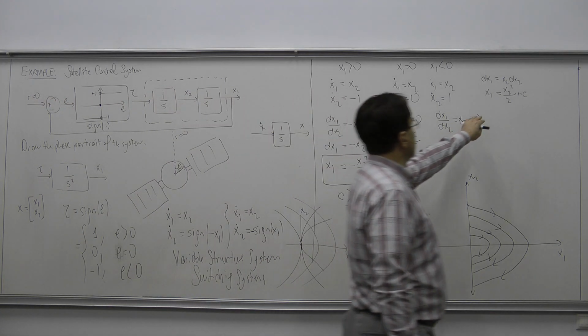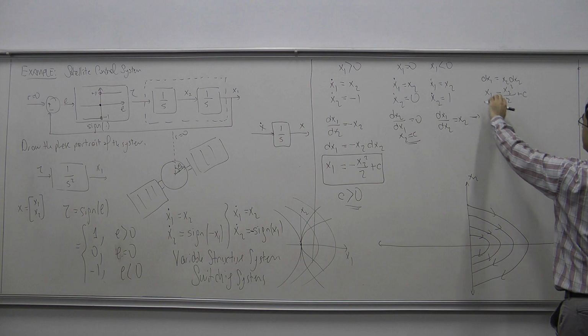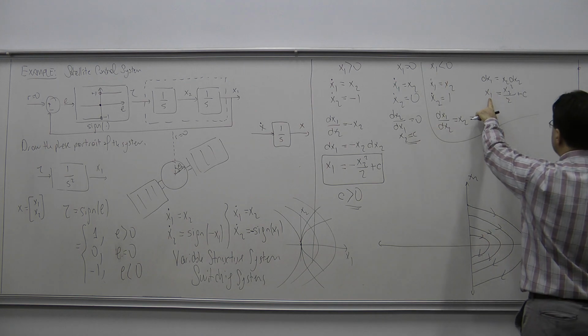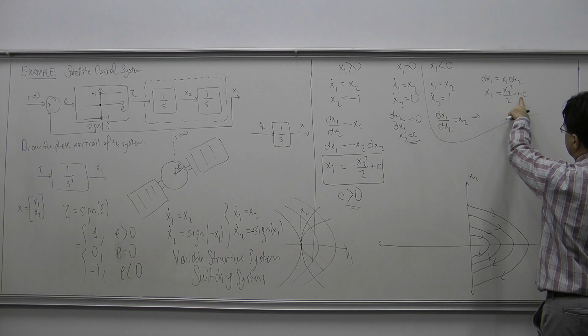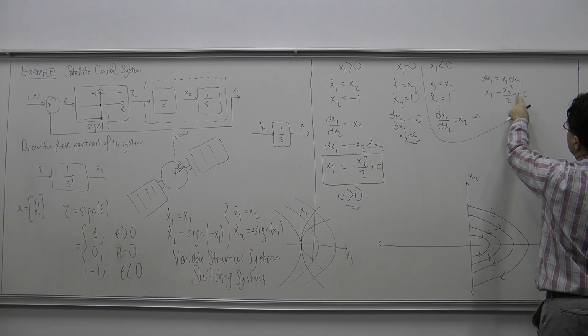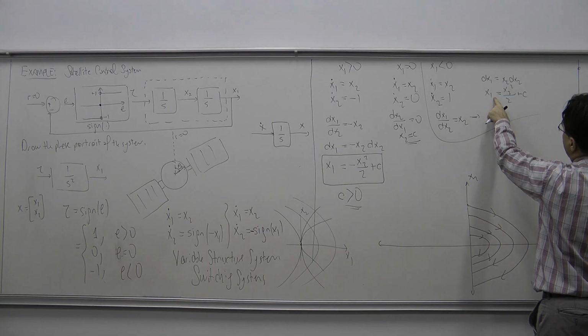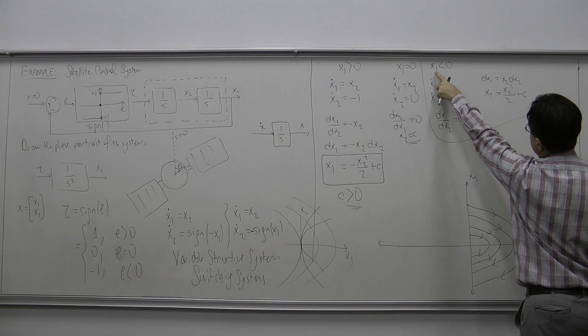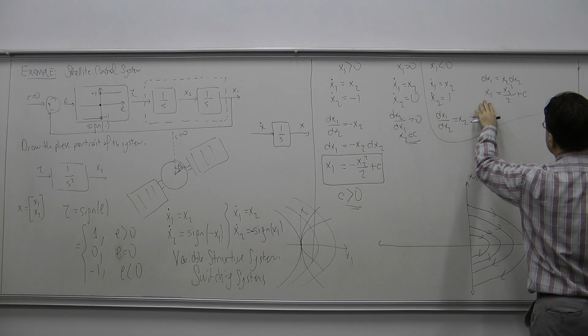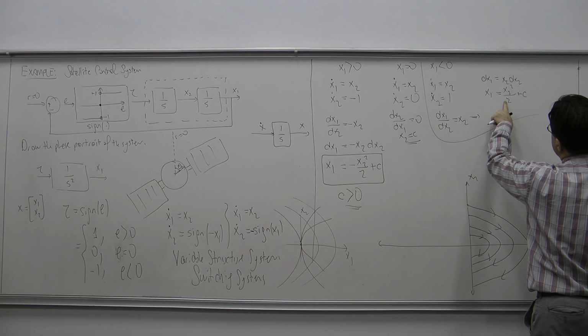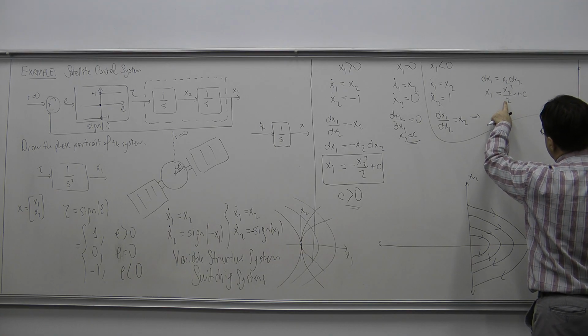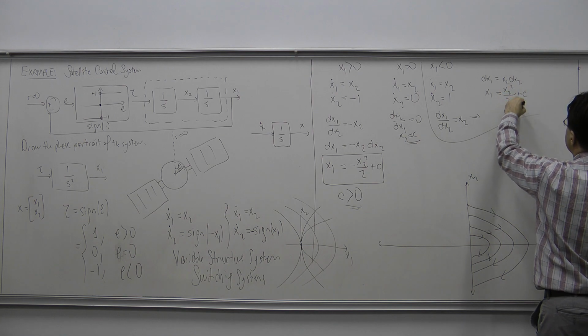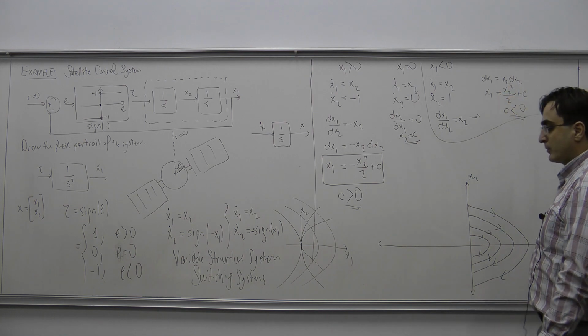So here, let me come to here. This is for this case, x1 equals to x2 squared over 2 plus c. In this case, again look at the sign of this constant c. Take x2 squared over 2 to the other side, you get x1 minus x2 squared over 2 is equal to c. x1 is always negative in this region, and x2 squared over 2 is always non-negative, so x1 minus x2 squared over 2 is always negative, meaning that c should always be negative here for this case. Okay?